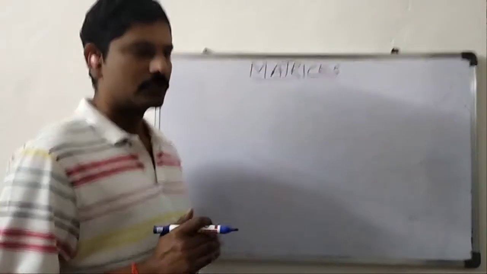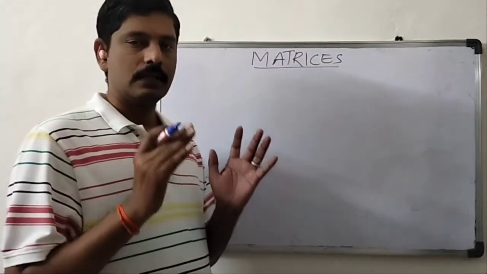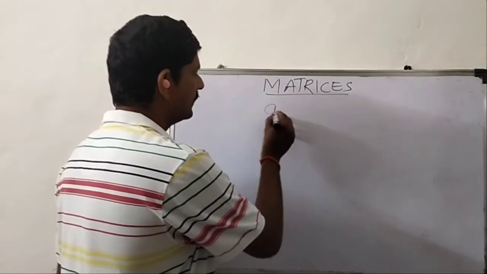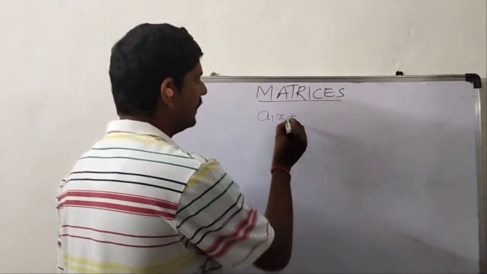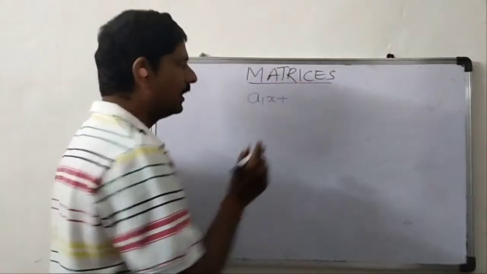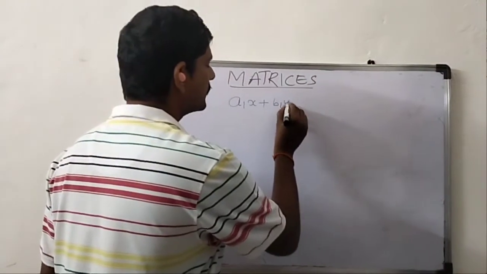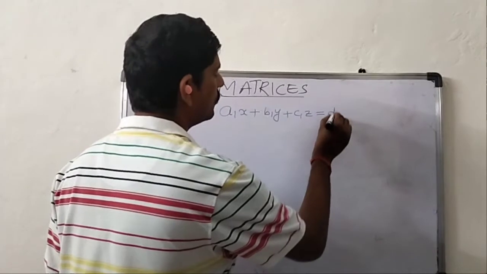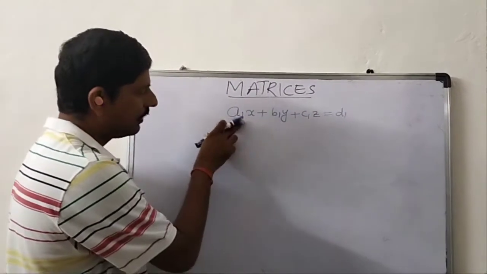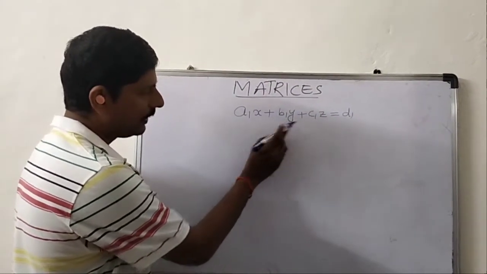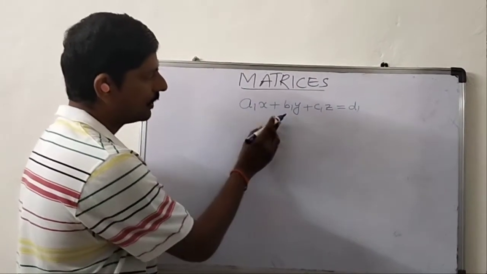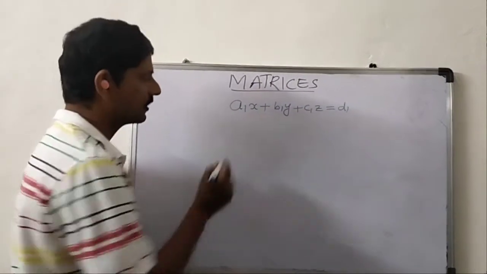Right students, so first of all we have to know the simultaneous linear equations. Let us see, an equation is of the form a1x plus b1y plus c1z equal to d1. Here x, y, z are the variables. a1, b1, c1 and d1 are the constants.